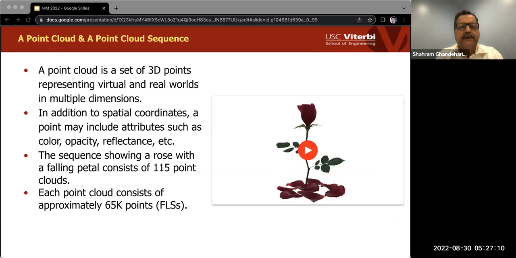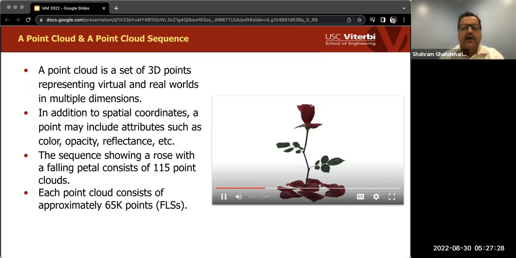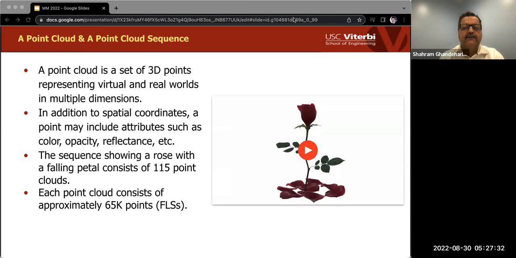A point cloud is a set of 3D points representing virtual and real worlds in multiple dimensions. A point includes spatial coordinates and attributes such as color. You are looking at a rose point cloud consisting of a sequence of 115 point clouds.